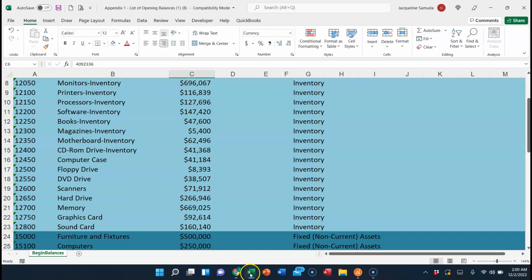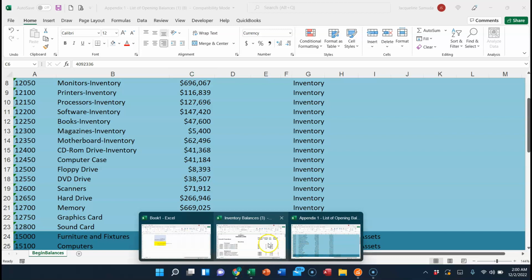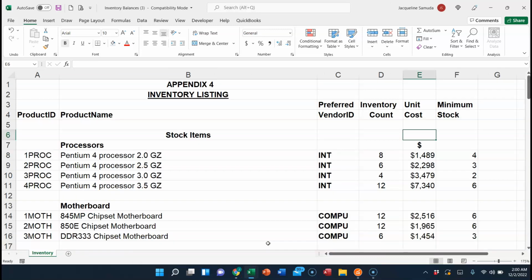So I'm now going to jump to Appendix 4. Now Appendix 4 would have been compiled through a stock count.